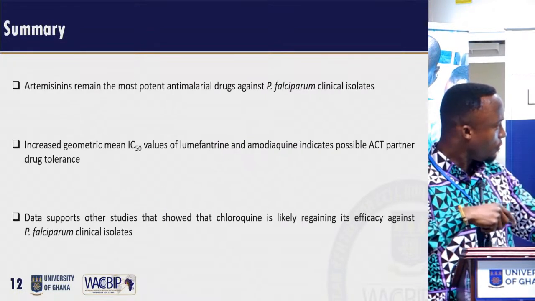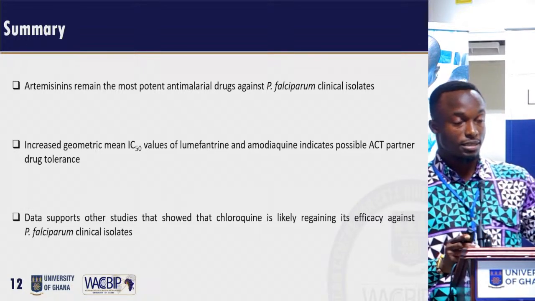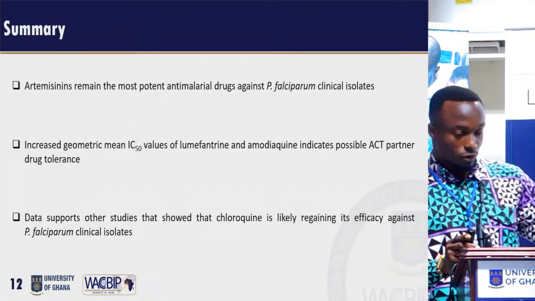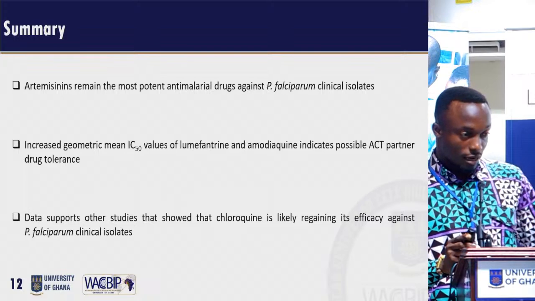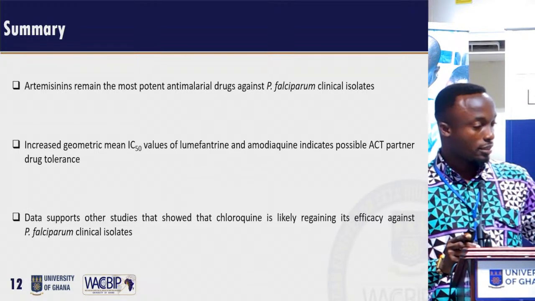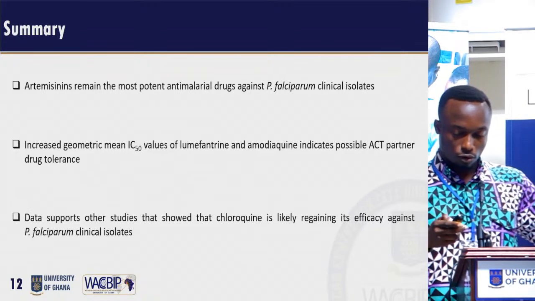So in summary, for our phenotyping, we've shown that the artemisinins remain potent, and for the partner drugs, lumefantrine and amodiaquine, due to increased geometric mean IC50s, there's possible tolerance to these drugs, and also the data support other studies that have shown that there are gains made in the efficacy of chloroquine.